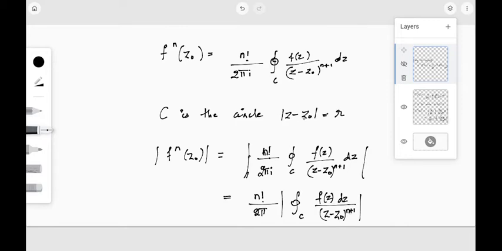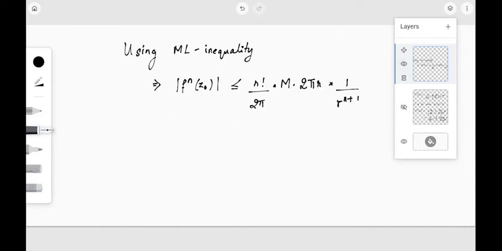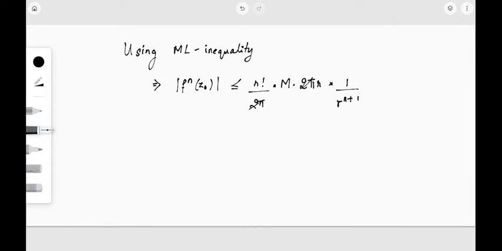We know mod of z minus z0 is r, so this value will be r raised to n plus 1. That is how we have obtained this inequality. Here we can cancel out the terms, and it will be nothing but M n factorial by r raised to n.